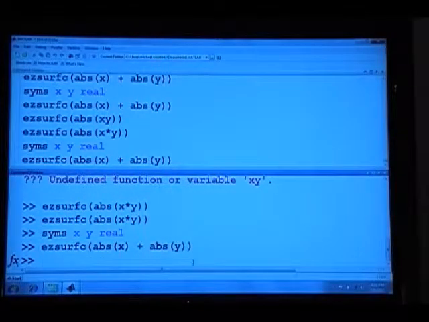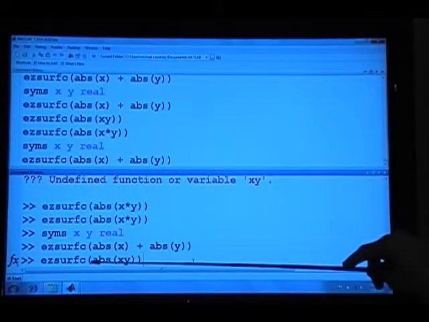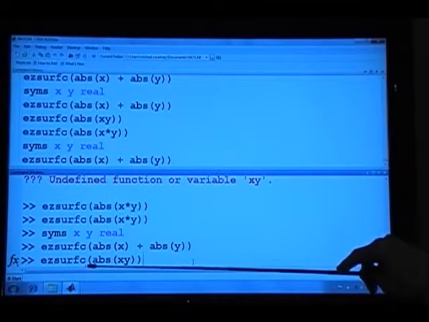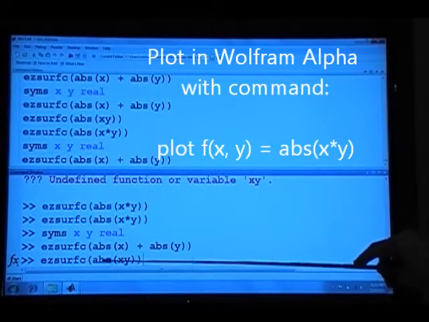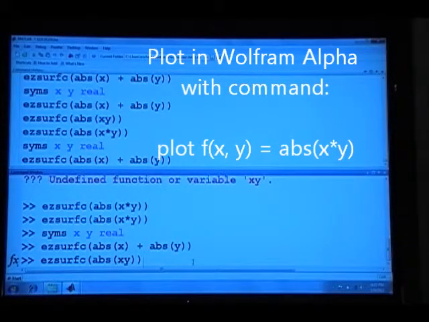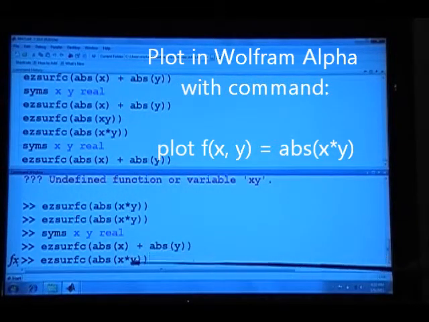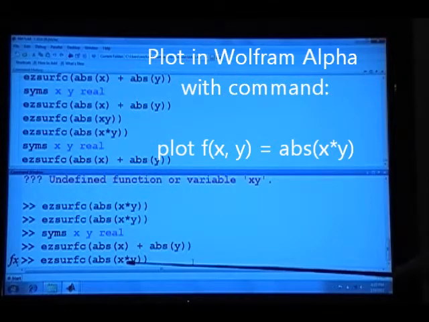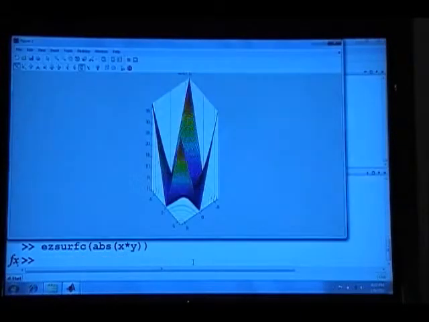So we can enter that with the Matlab syntax, and that would be easysurfc, and the C at the end gives us the contours at the bottom of the plot, and absolute value of x. Oops, that's not going to work because Matlab doesn't know that juxtaposition means multiplication. You actually need to include the multiplication operator, which in Matlab is the asterisk.